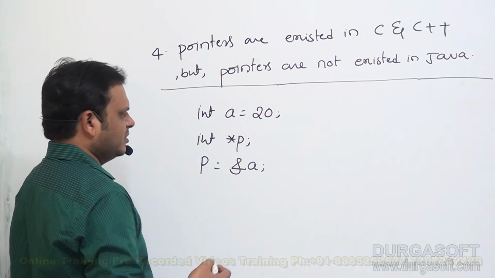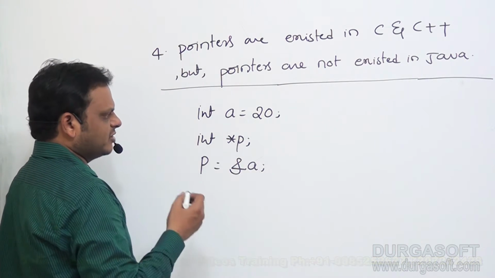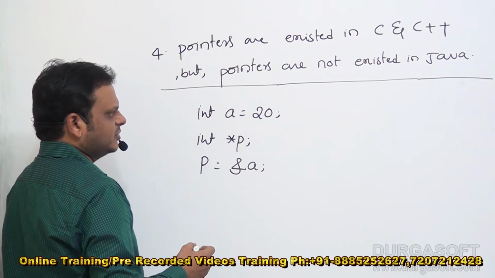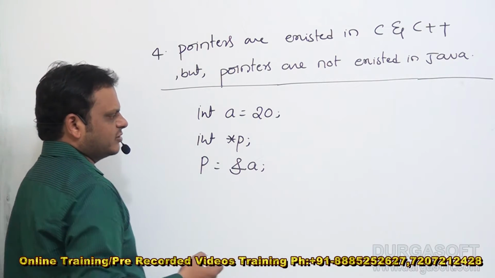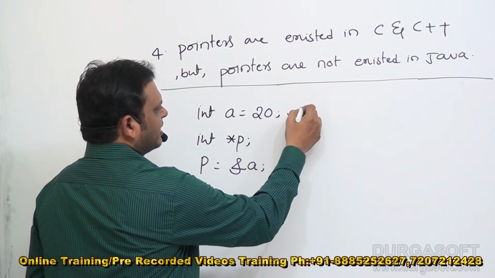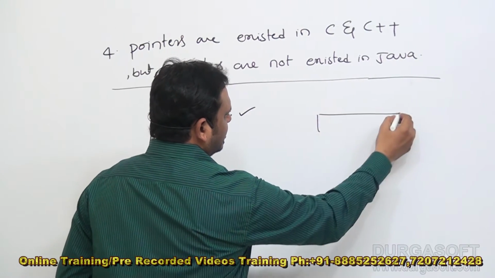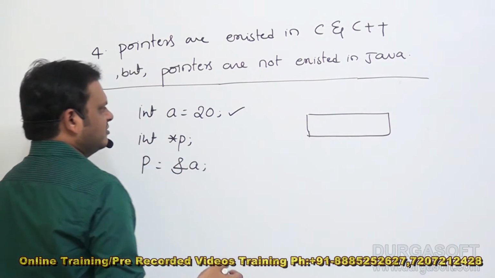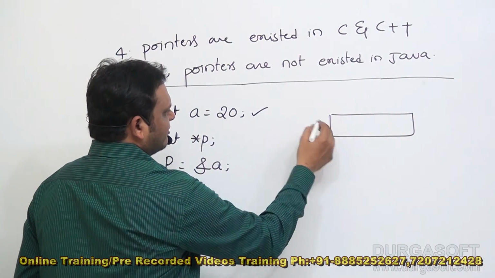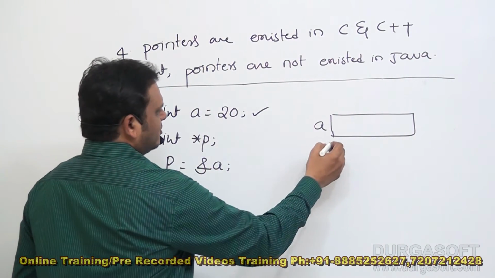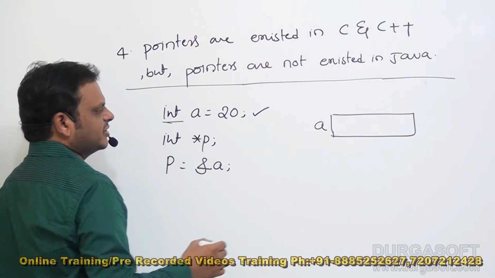When we compile this program, what exactly is going on? For this instruction, 2 bytes of memory will be allocated for variable a. Why? Because an integer variable takes 2 bytes of memory.